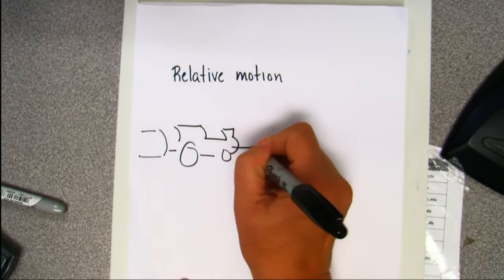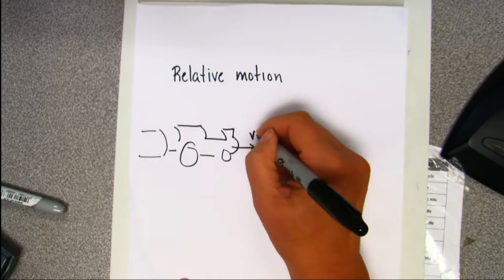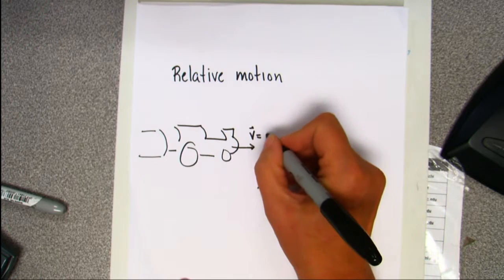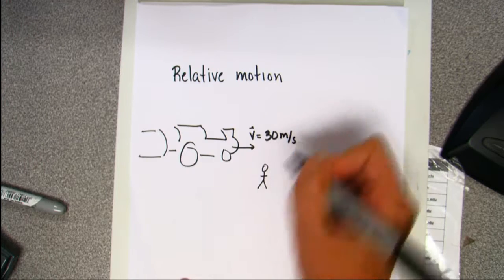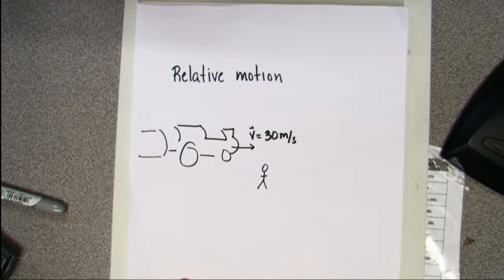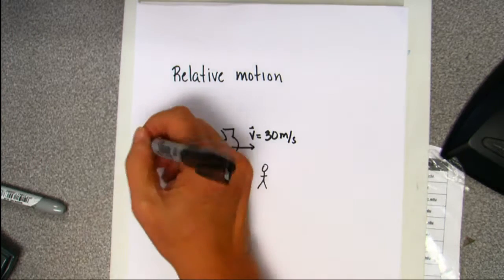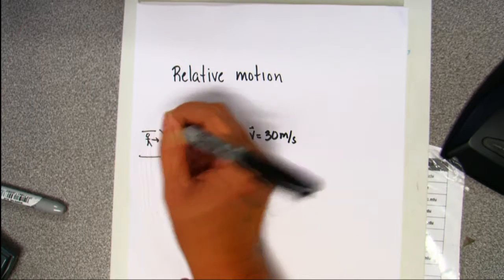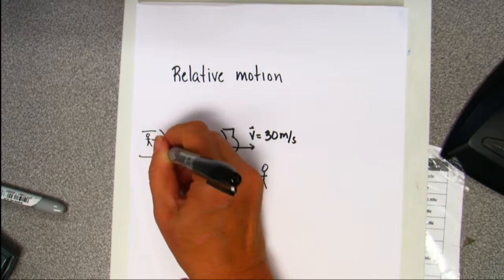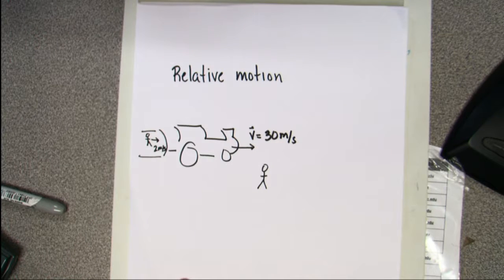The train is moving at a velocity of 30 meters per second as it passes this person, and I see a person in the train moving 2 meters per second towards the front of the train car.